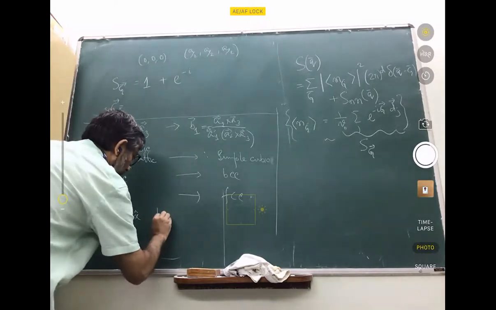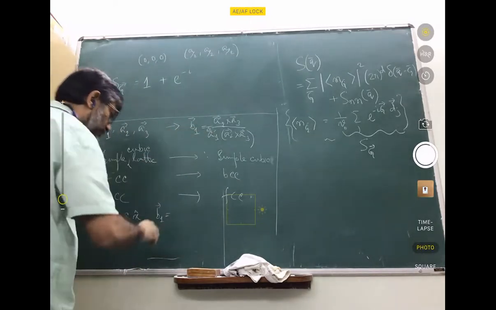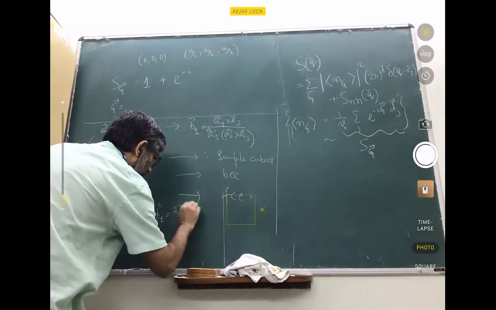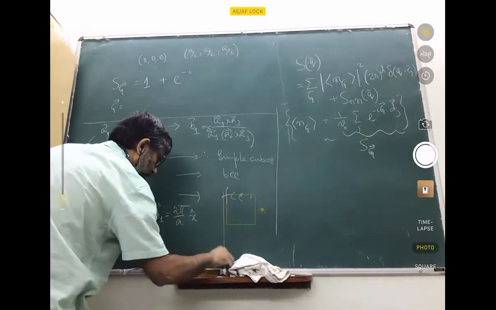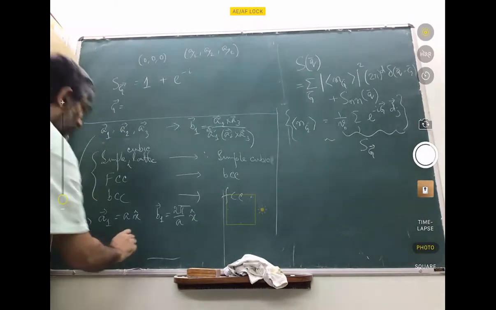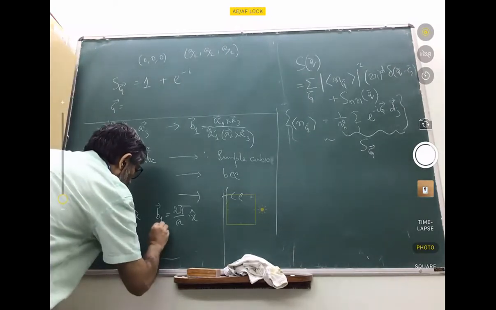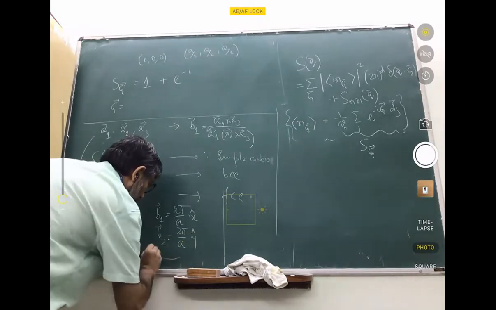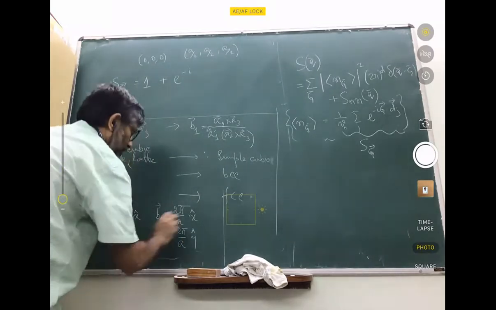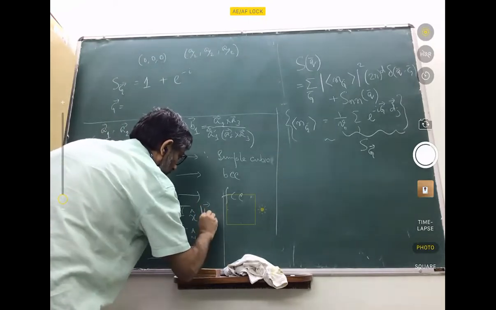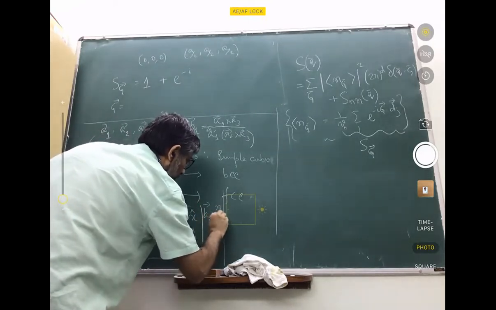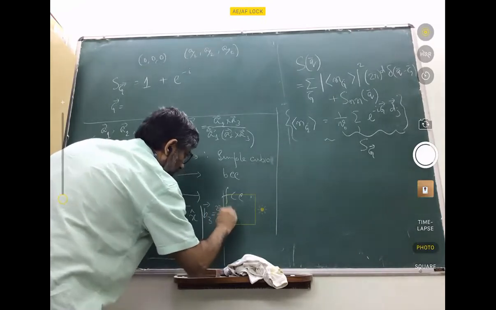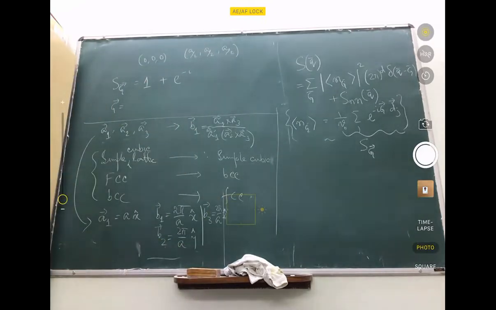And you can figure out that b1, by this prescription, will be 2 pi over a x cap, and b2 will be 2 pi over a y cap, and b3 similarly. So these are the 3 primitive vectors of the reciprocal lattice corresponding to a simple cubic lattice.